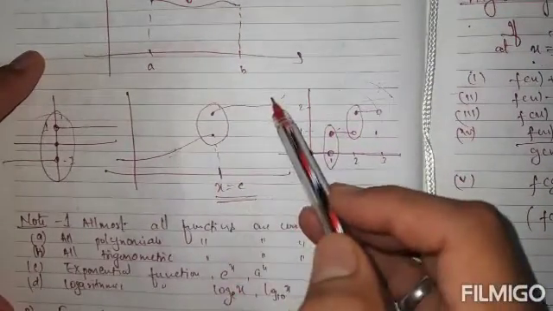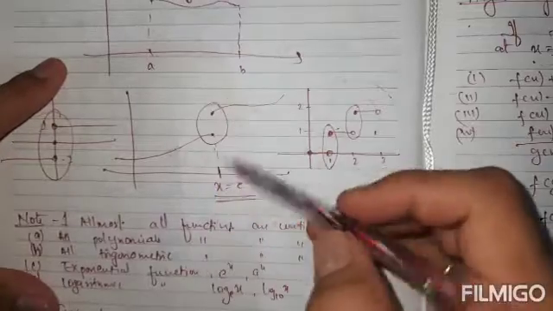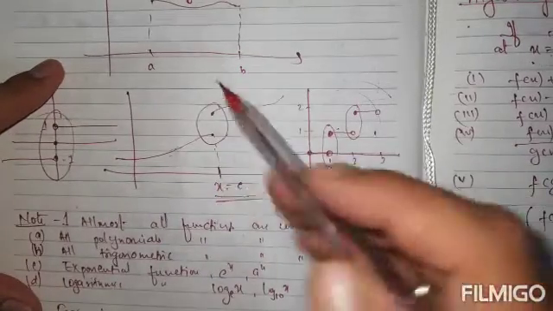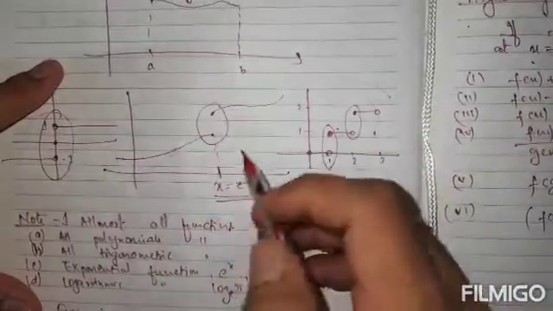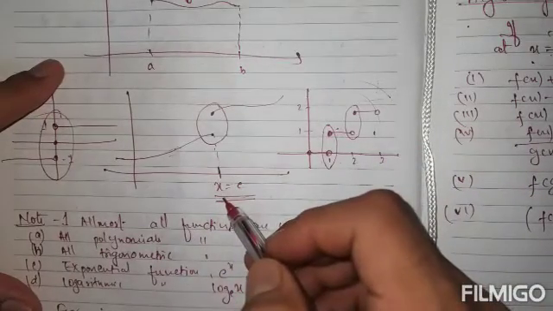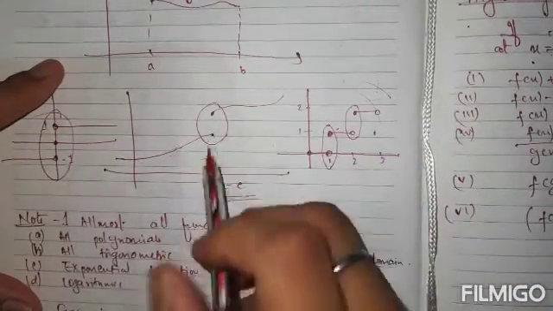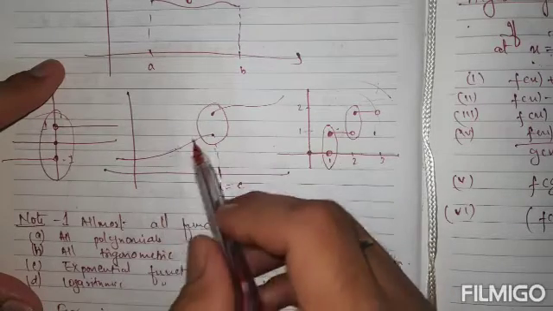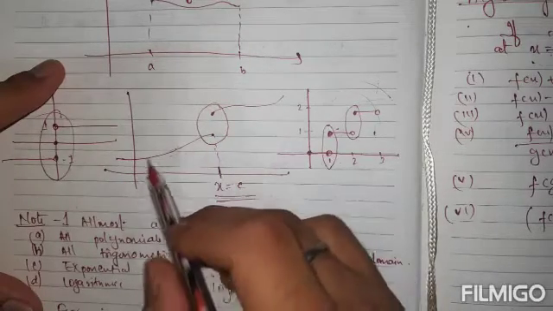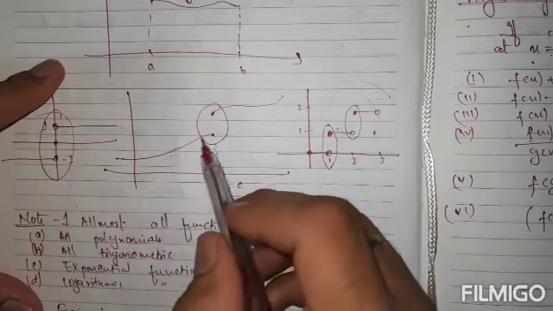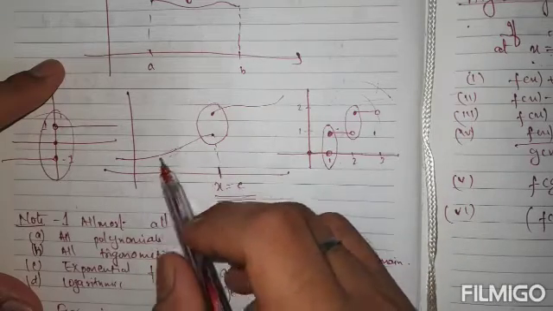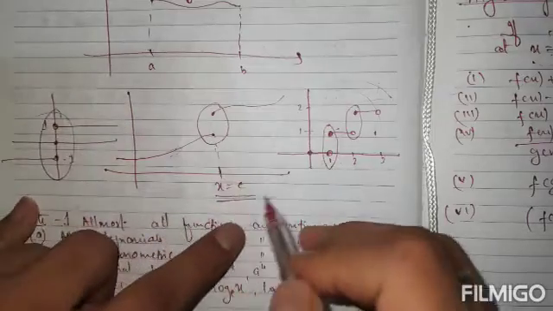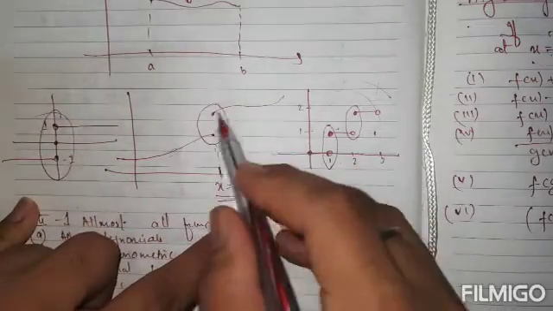Suppose this is any function which has a gap in its functional values at some point x equal to c. See here, in some interval a to b, suppose there is any point x equal to c. For all the values of x less than c the function varies in this way, and then for all the values of x greater than c the function varies in this way.